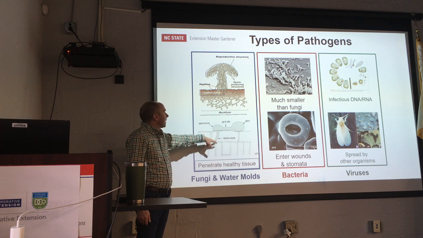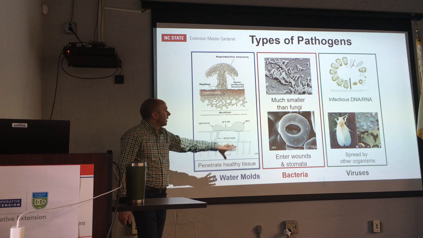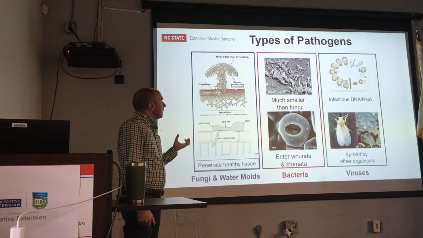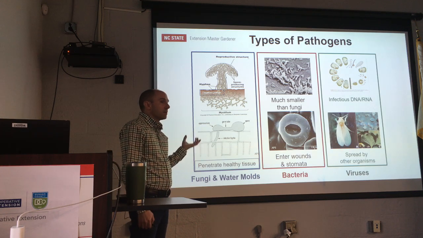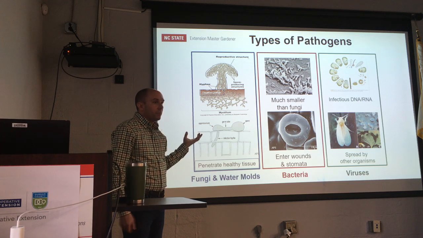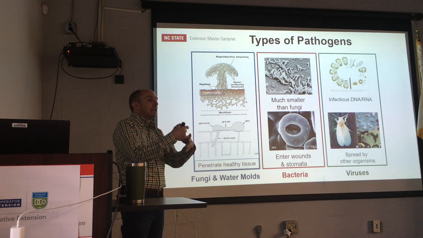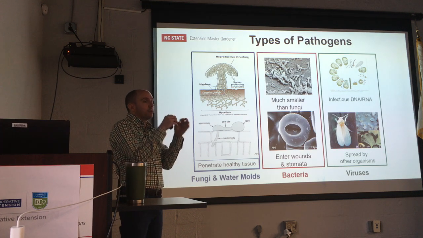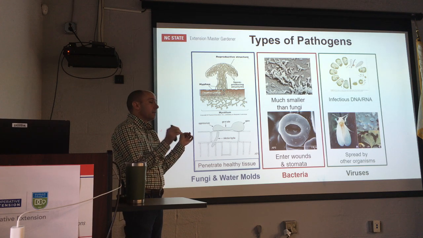They're able to infect healthy tissue if it's a pathogen, whereas something like a bacterium, which is much, much smaller than a fungal cell, requires some sort of opening to enter and infect the plant. That can be an injury, mechanical injury, even something as subtle as when you plant a transplant into the soil, you could slightly break or scratch or damage a root, and if that bacteria is in the soil, it can infect that way.